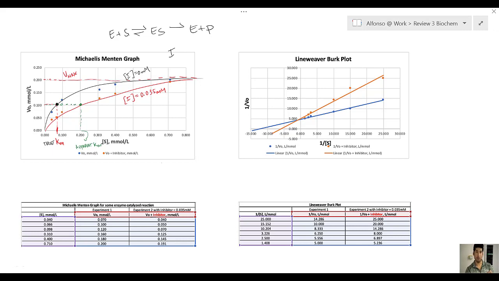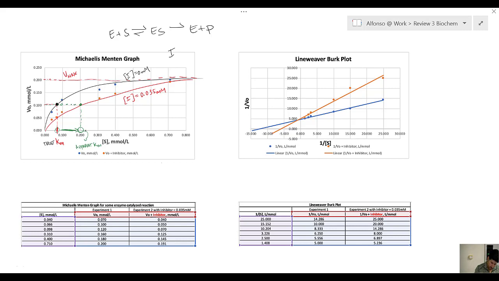So essentially what happened is, once we introduced that inhibitor, look at what happened to the Km. It used to be this number right here, and it shifted all the way over here to whatever this number is.